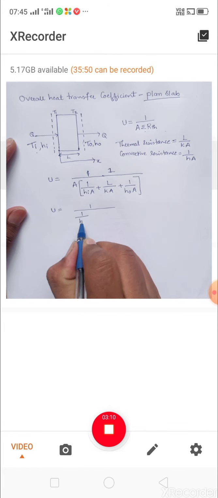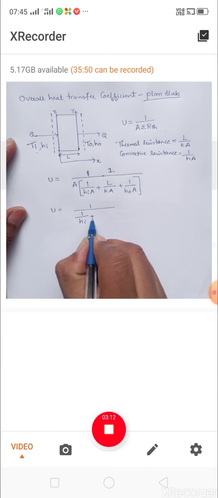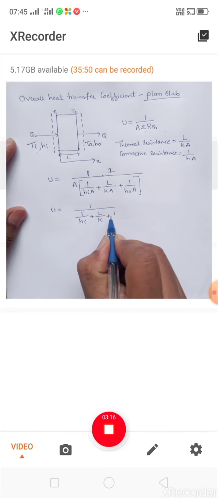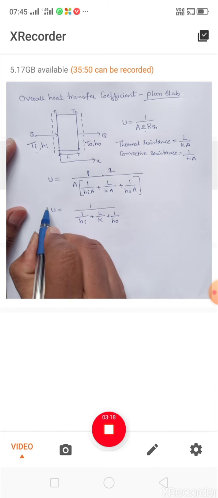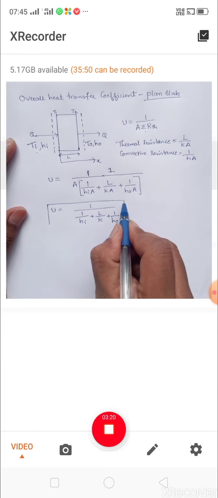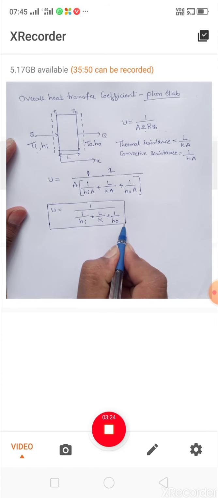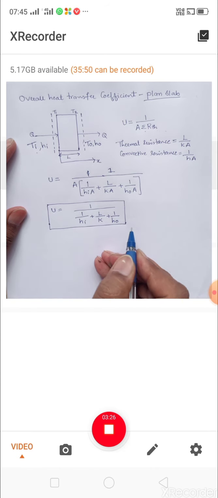So my final expression will be 1 divided by Hi plus L divided by K plus 1 divided by H0. So this is my final expression for the overall heat transfer coefficient for the plane slab.